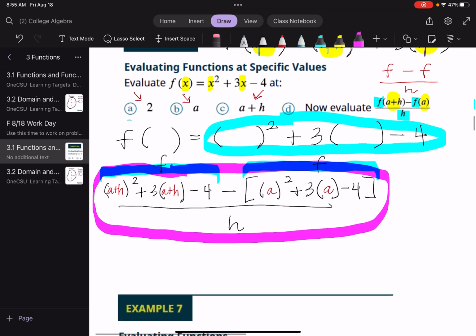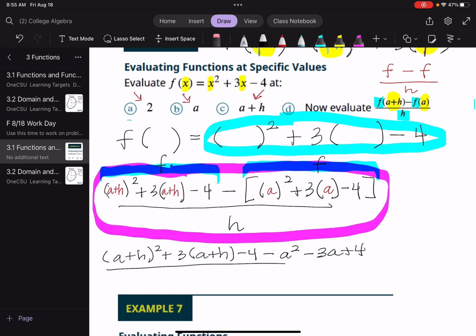Like, so that's just taking all of this and distributing, multiplying out, combining like terms, etc. And so you would just continue to simplify that to get your final answer.